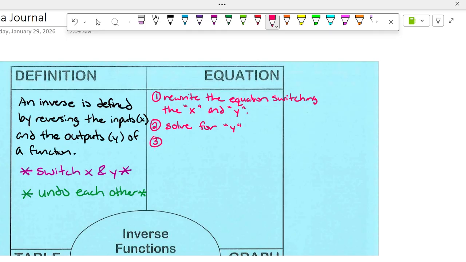And then lastly, we rewrite using the proper notation. So that is either y to the negative 1 power, which signifies inverse, or using f of negative 1 of x. Either one of those signifies that that's our inverse function of y or the inverse function of f of x.